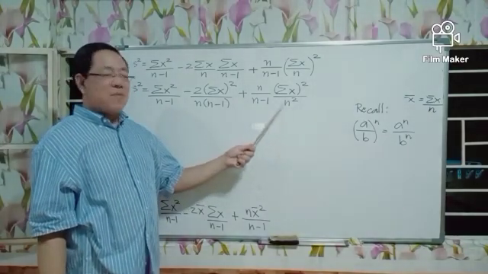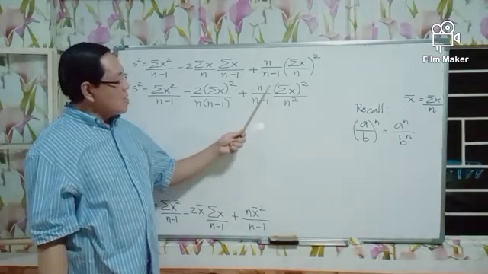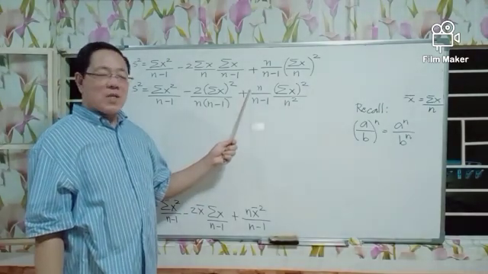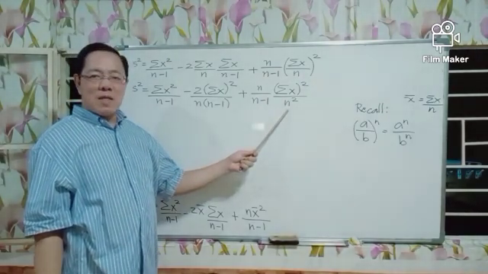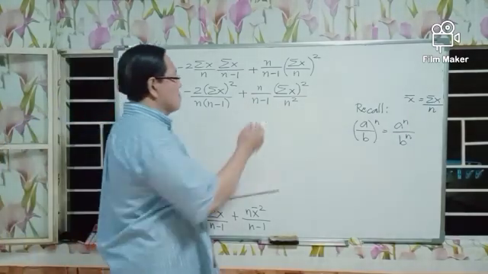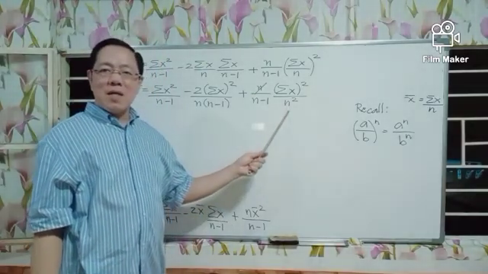And we can simplify n over n squared if we divide n in the numerator and n squared in the denominator by n. N divided by n is 1, and n squared divided by n is n.